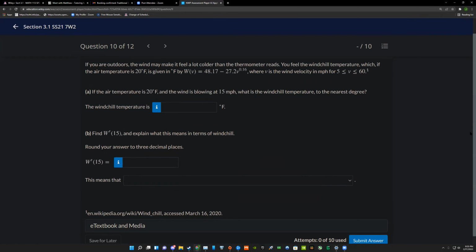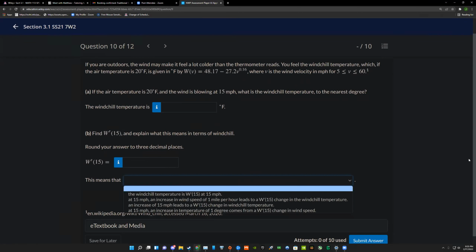Can you click on the drop down? Okay, let me grab that. Where's my snipper? There it is. Okay, I got that.